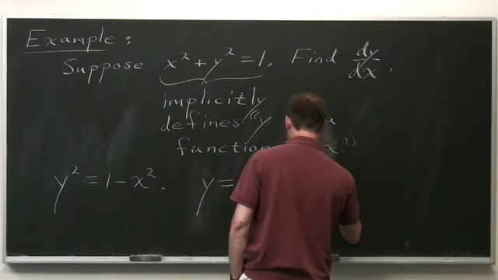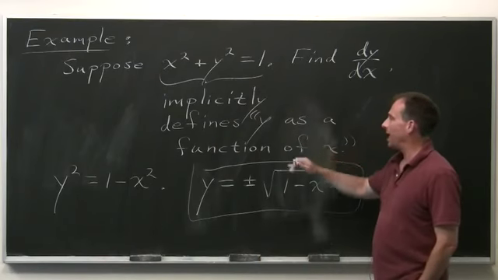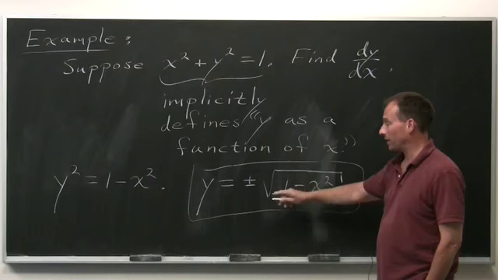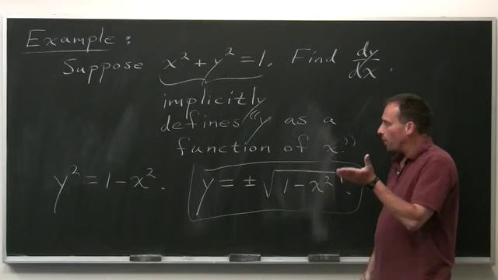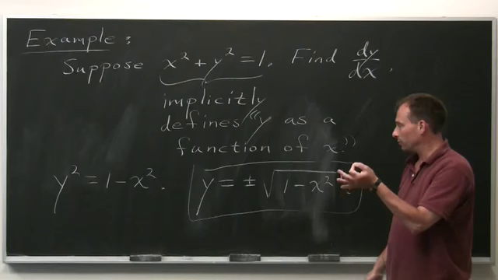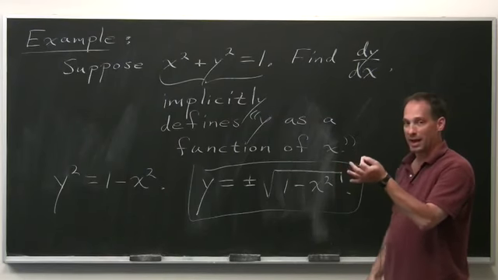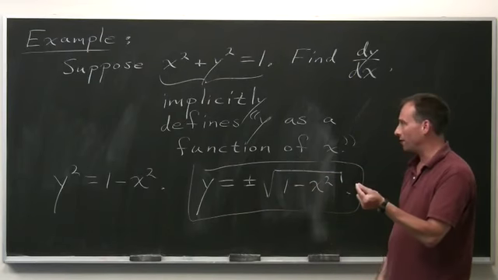And this is why this equation doesn't define y as a function of x. Y could be plus or minus this. If y is a function of x, when you give one x value that's in the domain, you're supposed to get back exactly one y value, not a choice of two different y values.